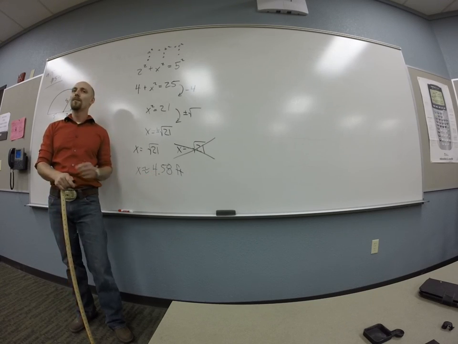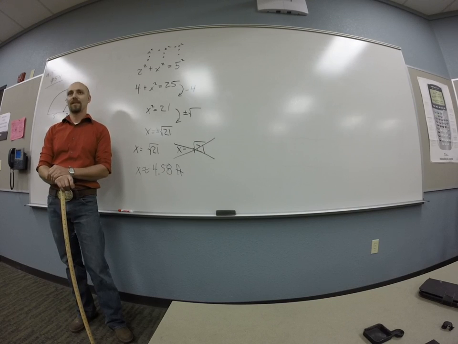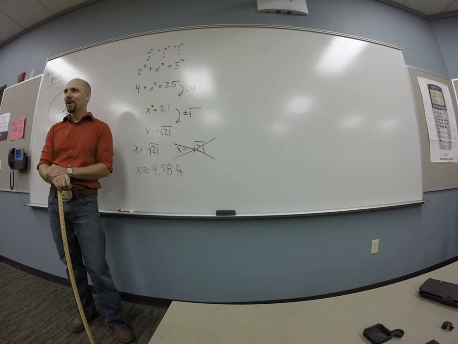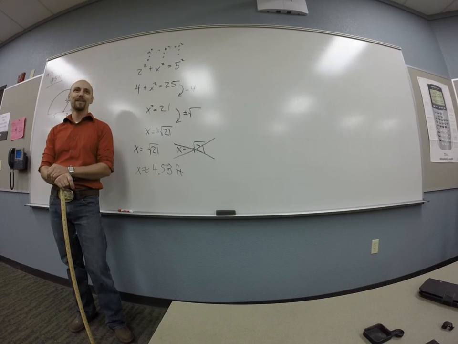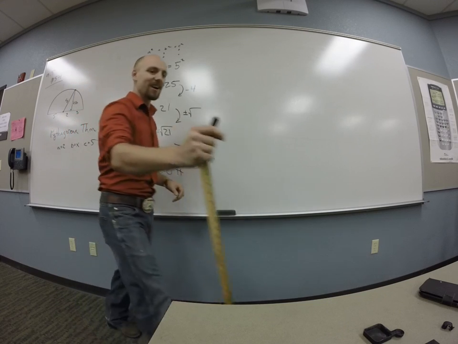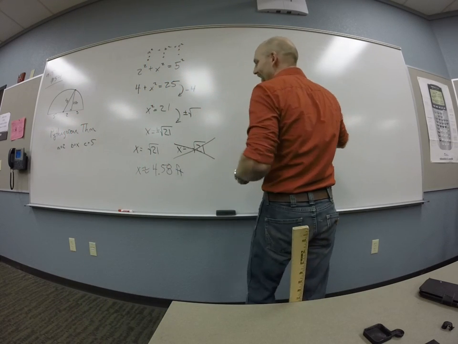So how do I figure out how many inches it is? Convert it. Yeah, how do I convert it? How many inches are in a foot? 12? Okay. Yeah, good. So we can write a proportion.